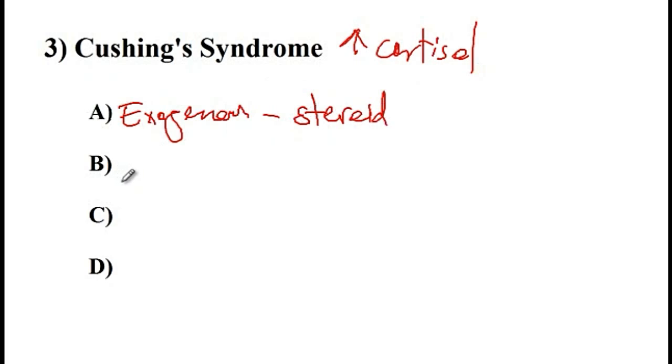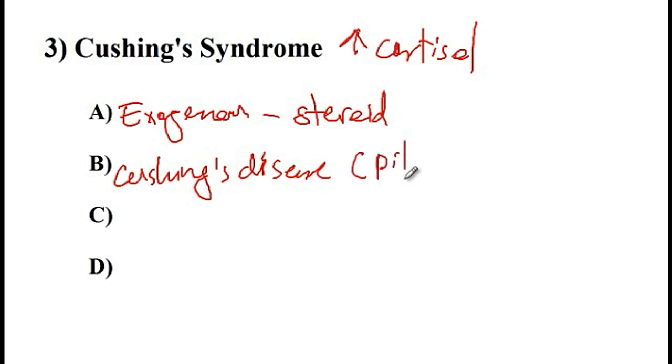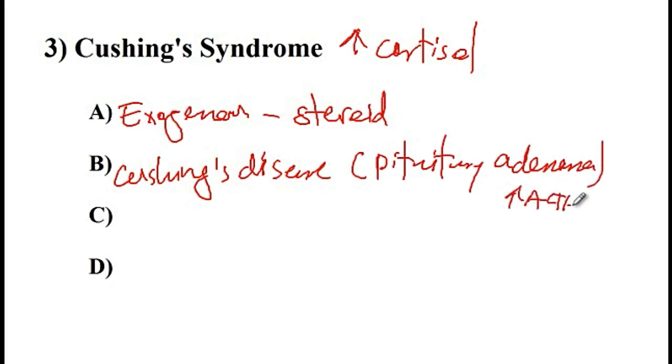The second most common cause is called Cushing's disease, which is from a pituitary adenoma that produces too much ACTH, and thus it causes increased production of the cortisol. The other cause is the presence of the adrenal adenoma or carcinoma, which will directly increase the production of cortisol.